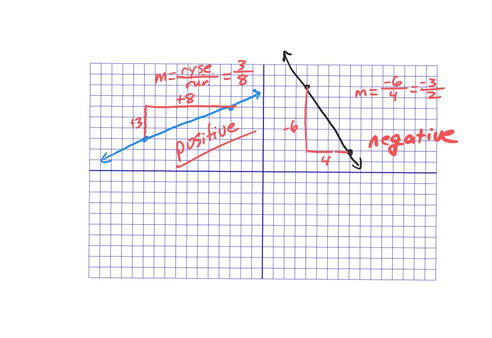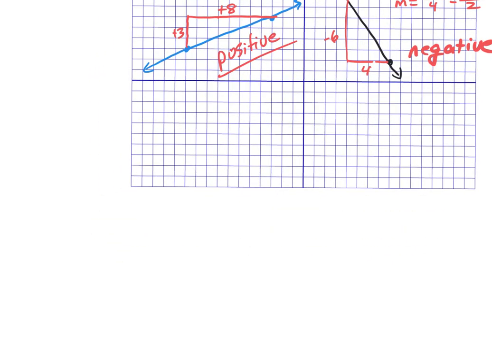Okay, now we have 2 other kinds of slope that we're going to see. If we have a line that is horizontal, in this case, what would the rise be if I was going to go from one point to the next? 0, okay?